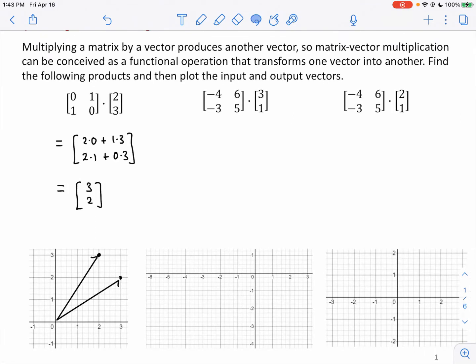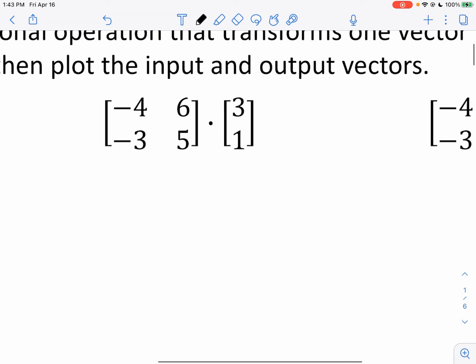Next example, we're going to multiply this matrix here by this vector. The vector 3, 1 we'll assume is the input vector. And this particular transformation, let's see what it does to that input vector. Okay, so the 3 and the 1 get brought up here, and then we're going to drop the 3 and 1 down onto these numbers, multiply and add.